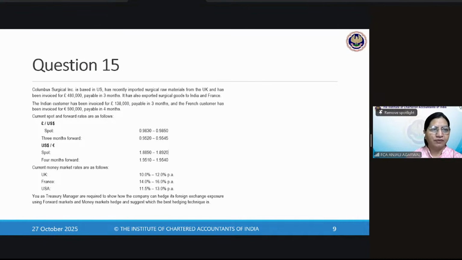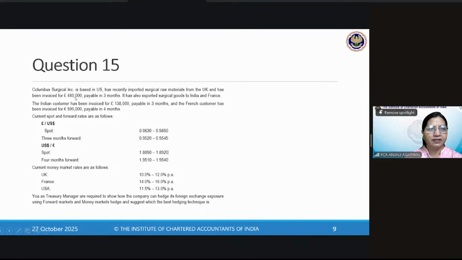Now, we also did this question where we talked about money market hedge. Columbus Surgical was importing surgical raw materials from the UK, invoiced in pounds. And there was an Indian customer and a French customer who were invoiced in pounds as well as in euro.